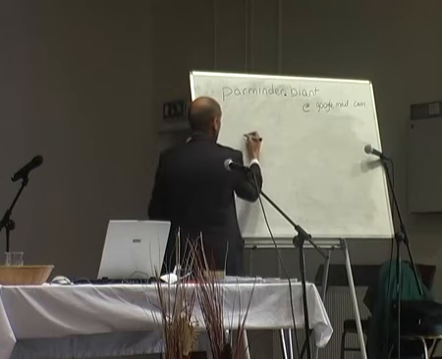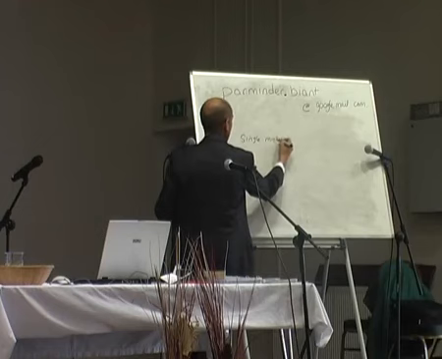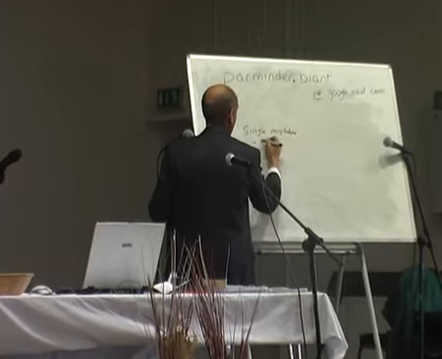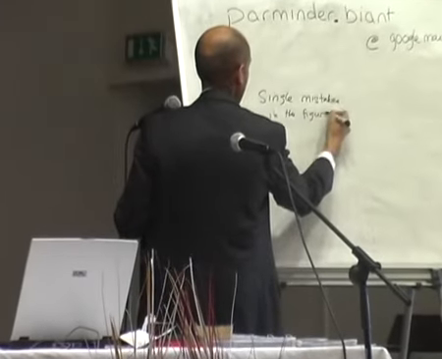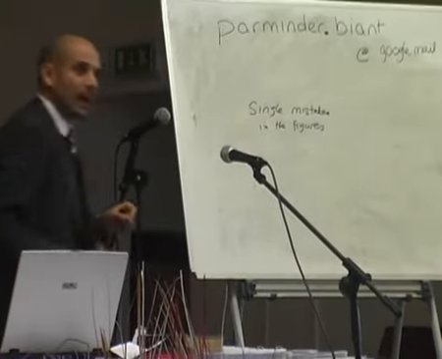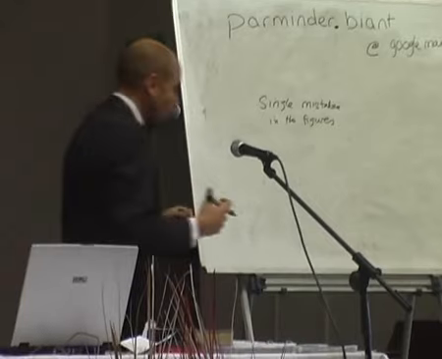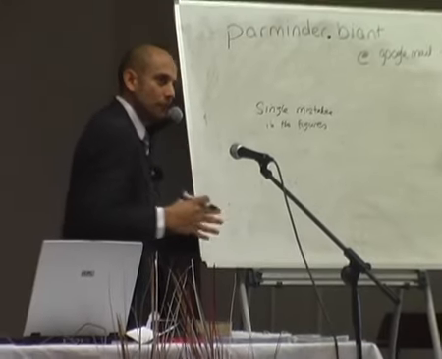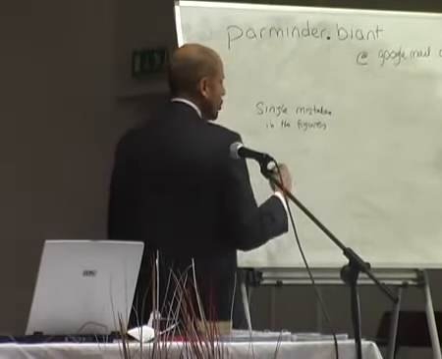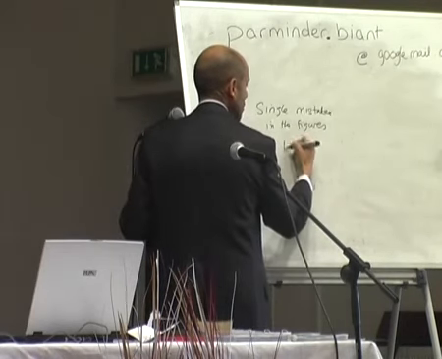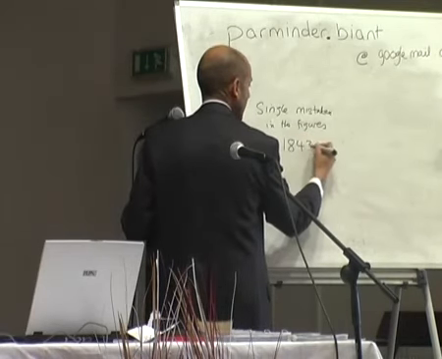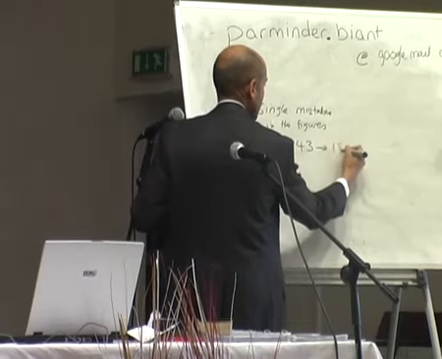She uses the term a single mistake in the figures. And when you see the context of the point that she's making, you know that the mistake is to do with the year 1843, where it should be 1844.